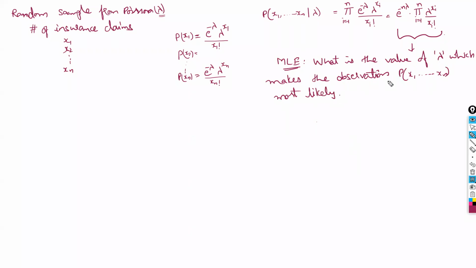Or if I were to frame it again in a different way, find lambda such that the probability of all of these given lambda is largest.